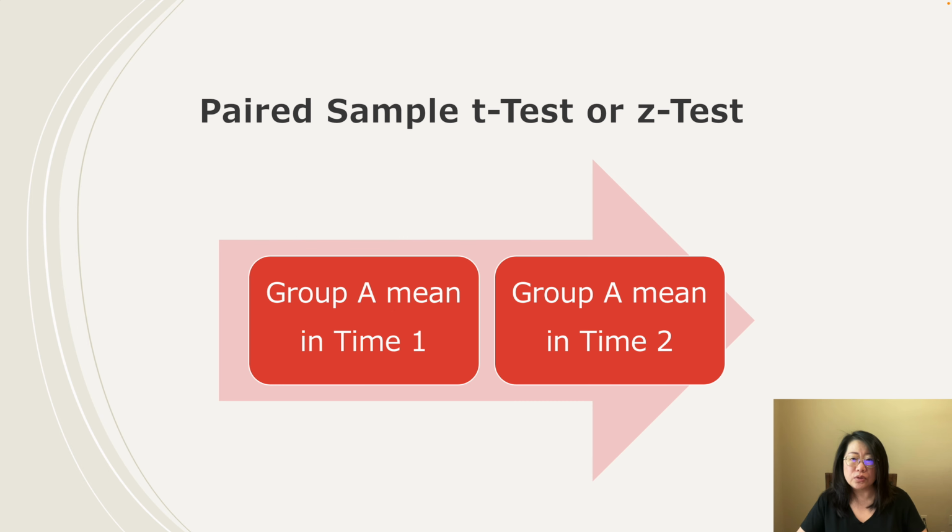For example, if you want to test the mean SAT score for the same group, the SAT score in Jefferson County in January and the same population in May, then that will be the case to use the paired sample test.